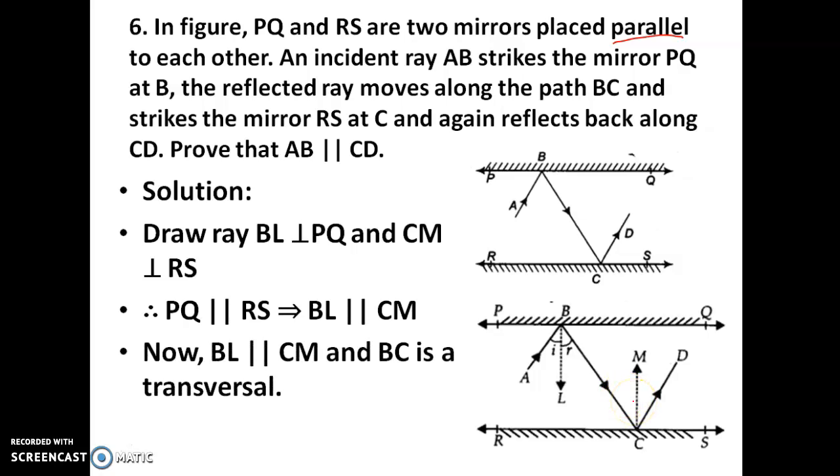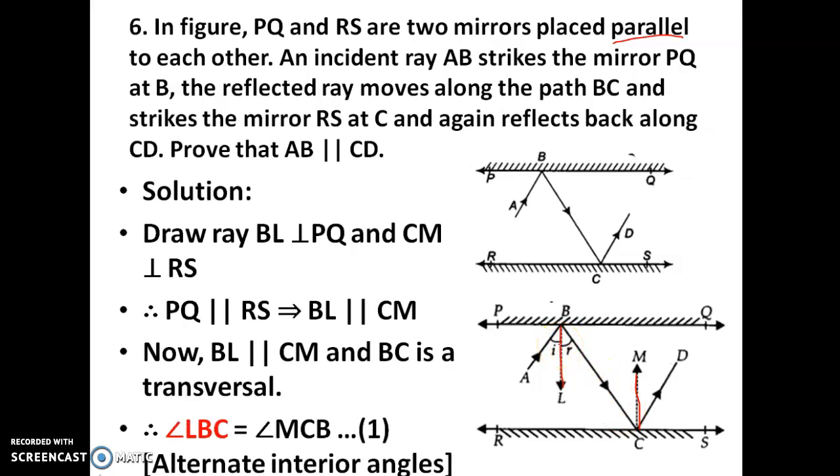Now, BL is parallel to CM and BC is a transversal. So these two are parallel lines. We are considering this BL and this line as parallel lines, and this is one of the transversals. So we can say angle LBC, this angle, is equal to angle MCB, this angle.